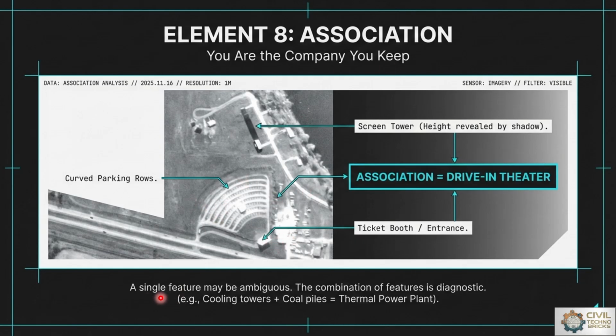A single feature may be ambiguous, whereas the combination of features is diagnostic or identifiable. Just like cooling towers plus coal piles equals thermal power plant. Here the association includes the occurrence of one feature in relation to the nearby objects, where roads are commonly associated with settlements while bridges are near river crossings.